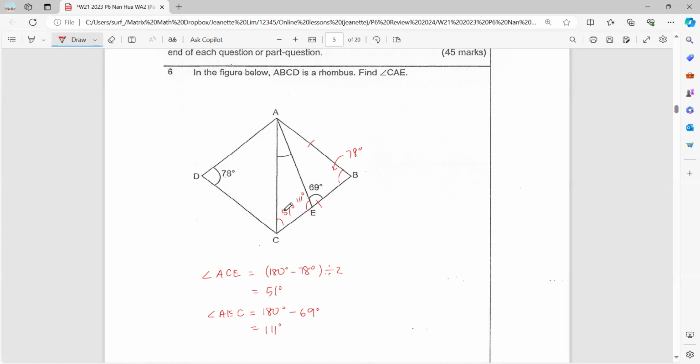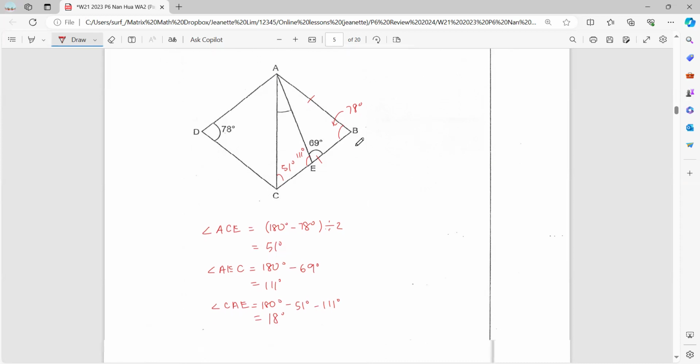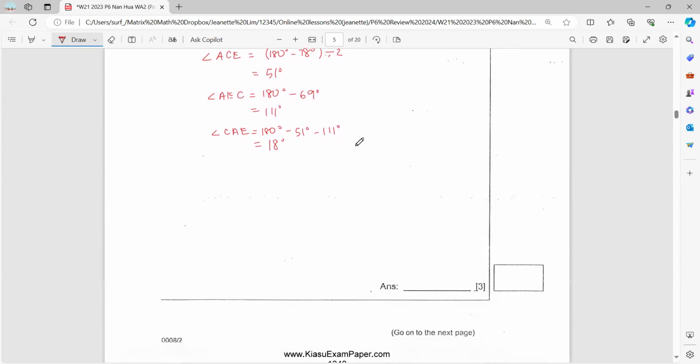Then finally, what we want is CAE. So 180 degrees minus 51 degrees minus 111 degrees. 18 degrees. Okay, that's 18 degrees up there, here. So answer 18 degrees.